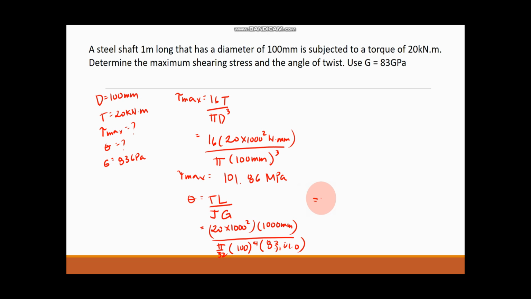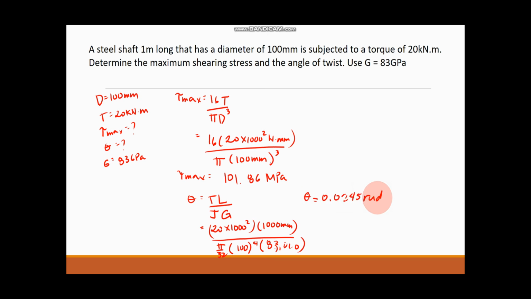So ang lalabas sa sagot dito is expressed in rad. So it is 0.0245 rad.